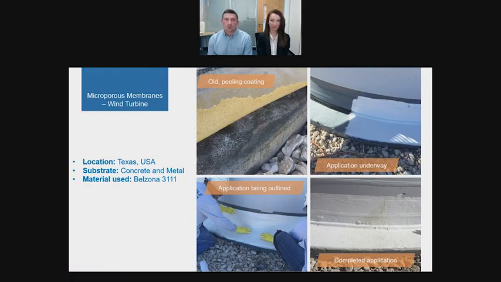The customer could have used a type of concrete filler, but needed extra flexibility in that area, so decided on a Belzona solution to seal the base of the structure. Belzona 3111 was a great and easy way to seal the base between the structure and the concrete. The application was so simple to do and proved to be a cost-effective solution with minimal downtime and interruption to the operation of the turbine.